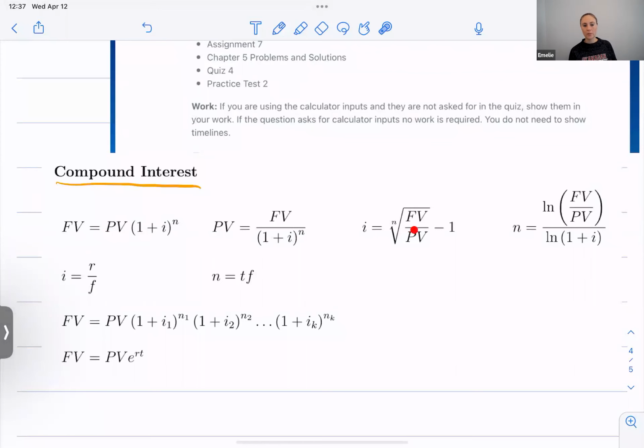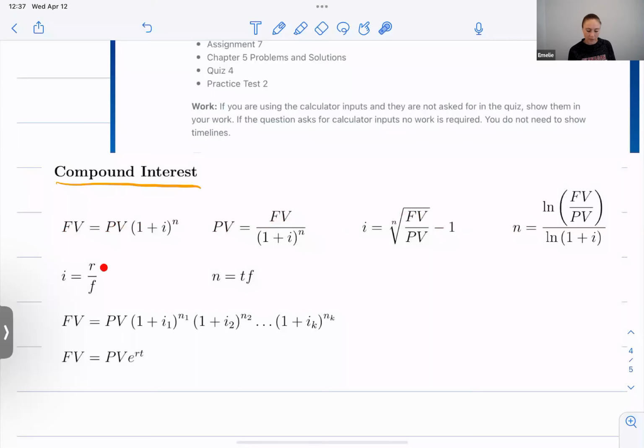These top formulas are all this first formula just solved for different things, right? So if you're like me, you would just remember this formula and ignore all these other ones and arrive at them fresh.